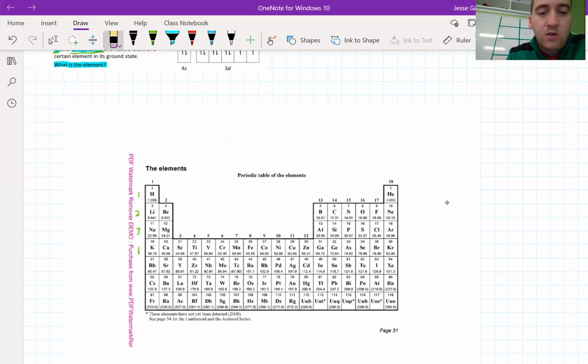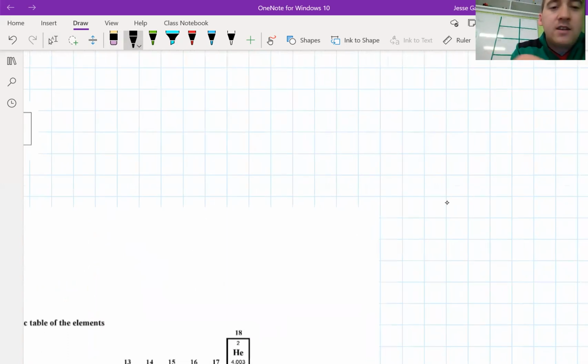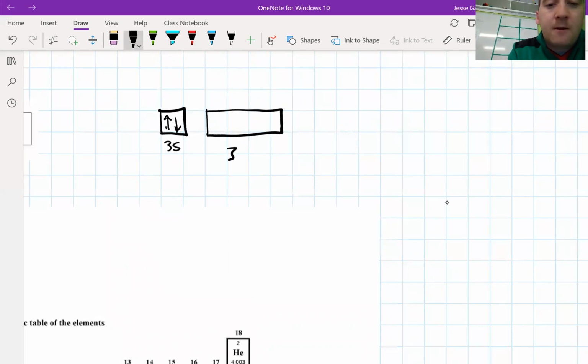And what if I told you that we had an element that had electrons like this? So if this was the 3s and it had 2, and this was the 3p.